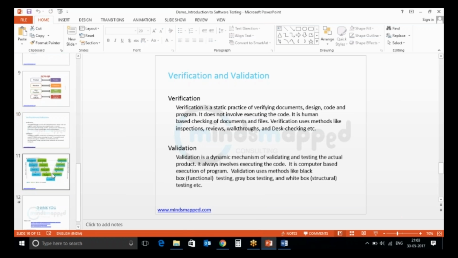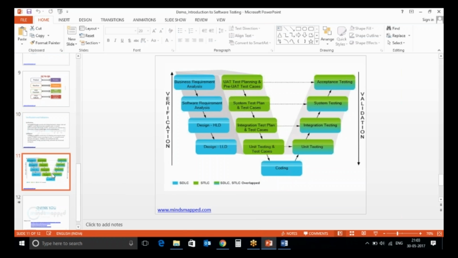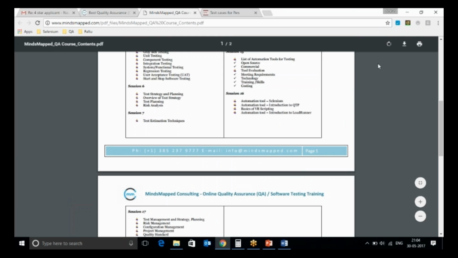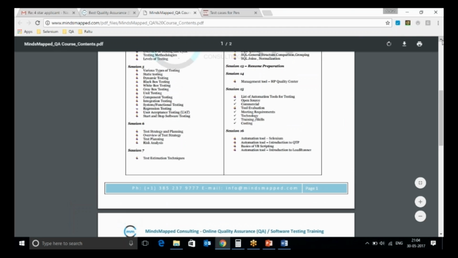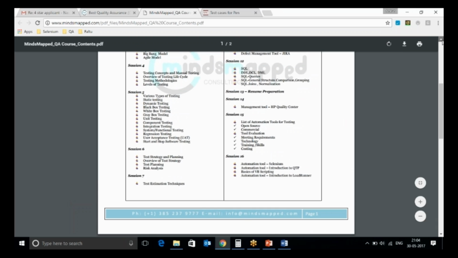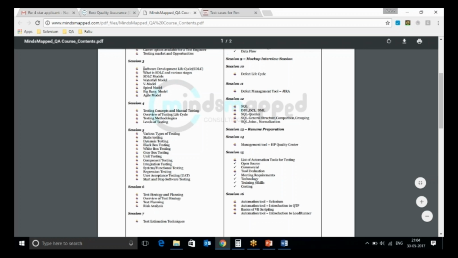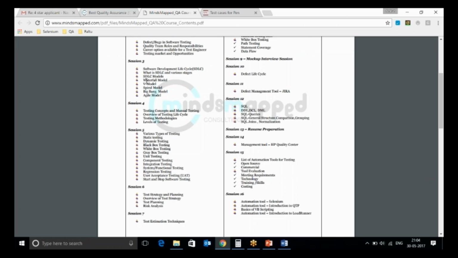Okay. So this is the last slide, and this is the V model. We have different methodologies which are used by different organizations, and these are their own way of doing the work and achieving the product in good quality. These are the methodologies in the market as of now.